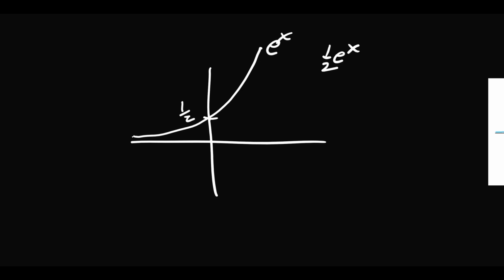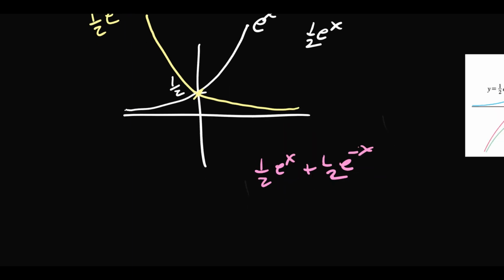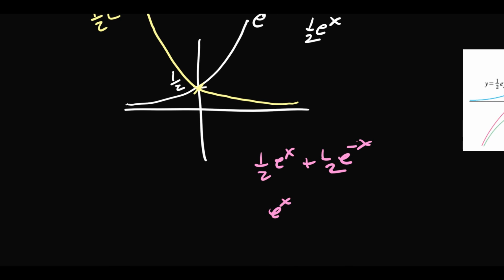e to the negative x looks like that. If I multiply by 1/2, it also goes through 1/2 as well. So if I take 1/2 e to the x and add that to 1/2 e to the negative x, I get e to the x over 2 plus e to the negative x over 2, which is e to the x plus e to the negative x all over 2.